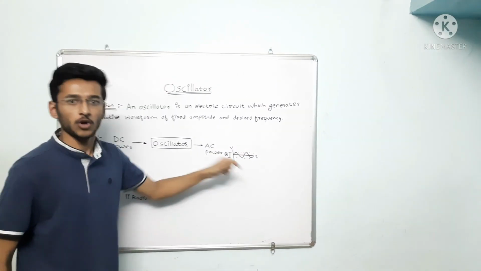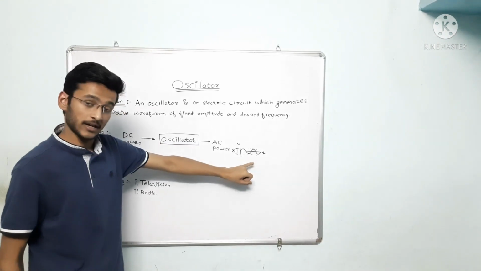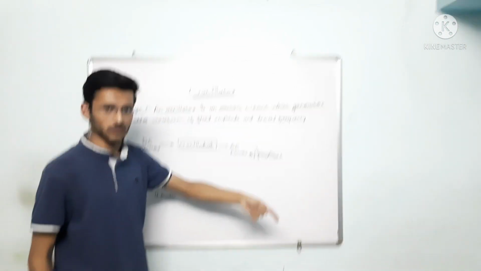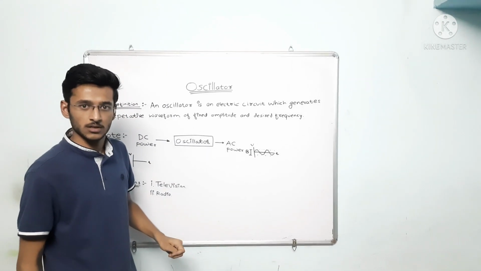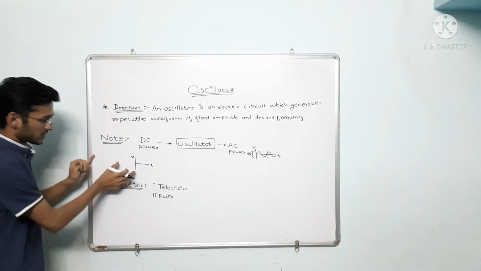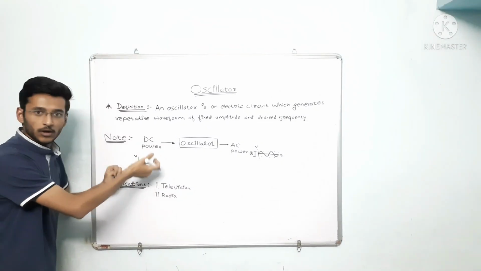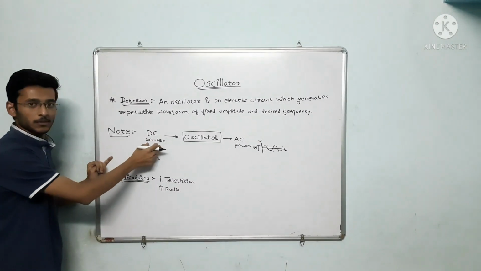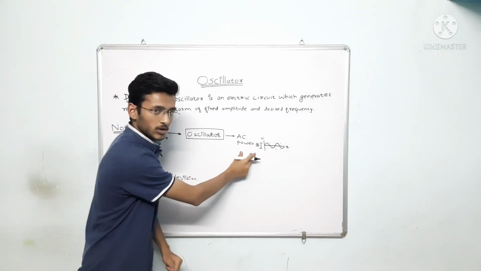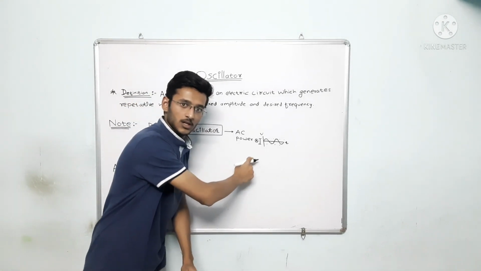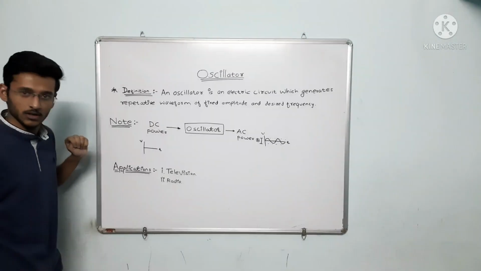If we change the frequency, then the amplitude also changes. So I hope you have understood that a DC power supply, when applied to an oscillator, is converted into AC power. Let's move further.